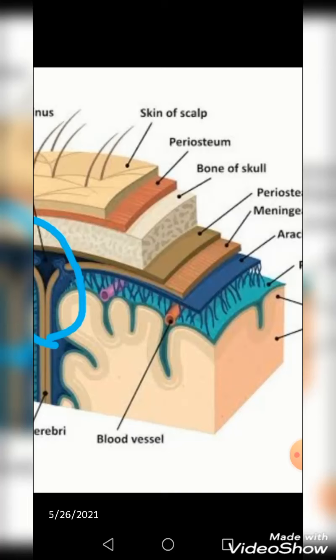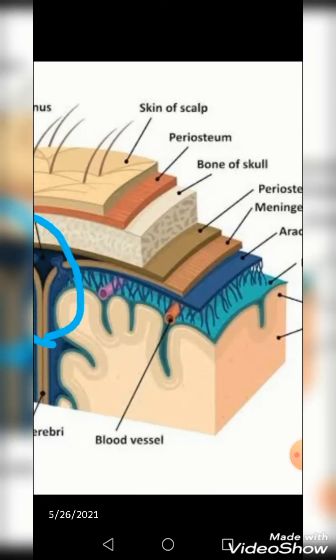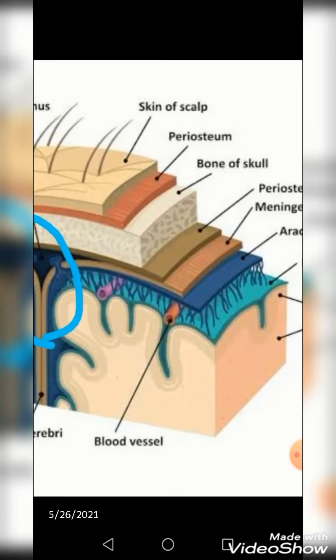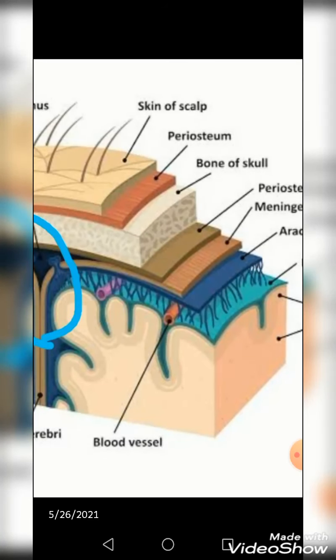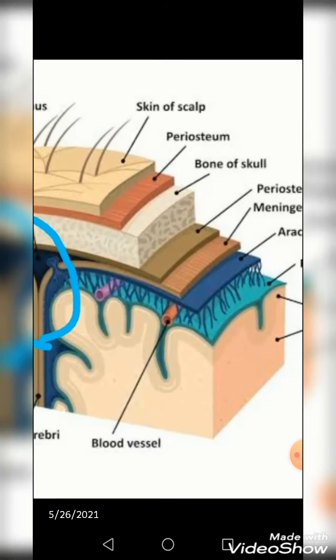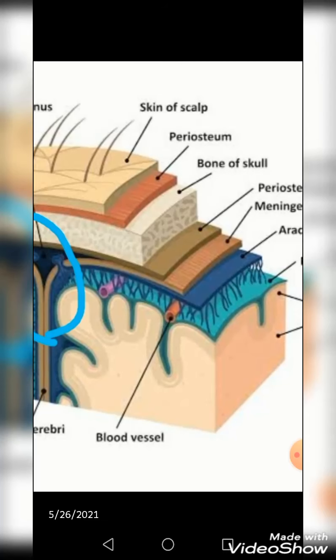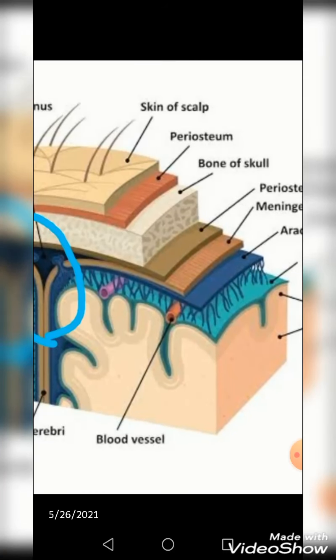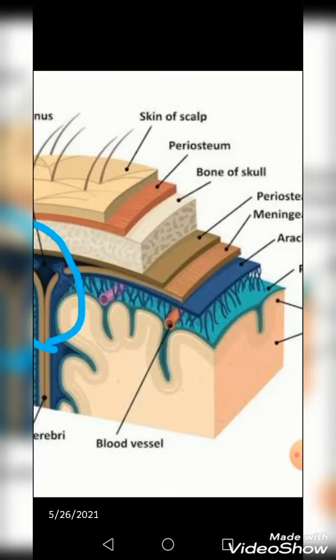Means these two elements are firmly adherent, and the pia mater and that layer of astrocytic end feet now form the physical barrier, separating your CNS from the CSF in the subarachnoid space, right?